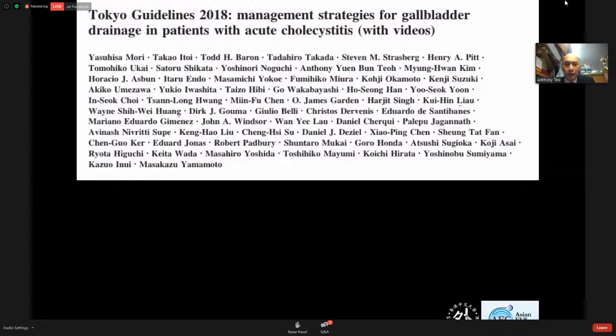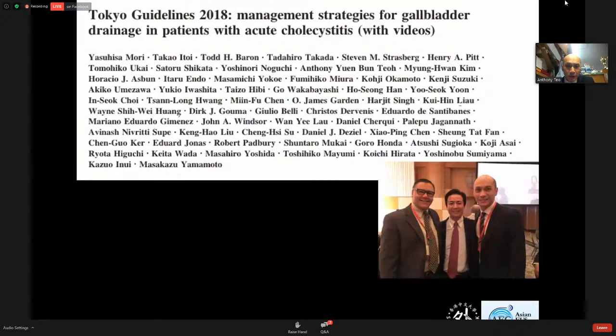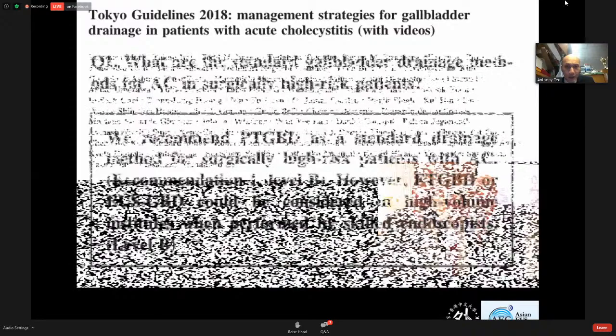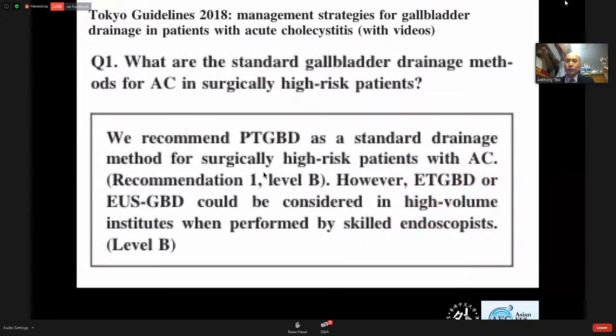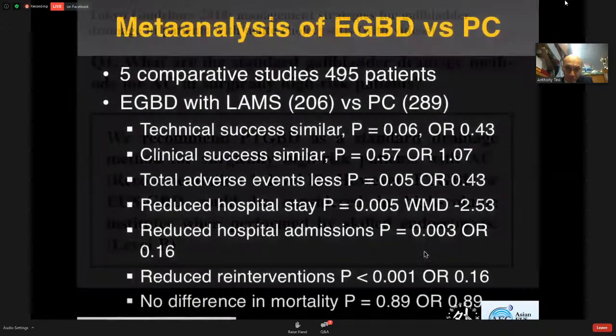EUS gallbladder drainage, as mentioned in the Tokyo guidelines, is one of the alternatives to PTBD and PTGBD in patients at very high risk for cholecystectomy, mainly in high volume institutes where it can be performed by skilled endoscopists.